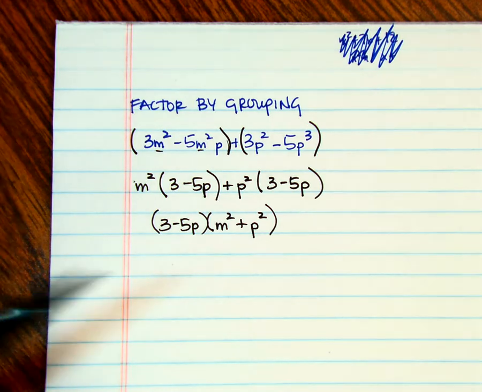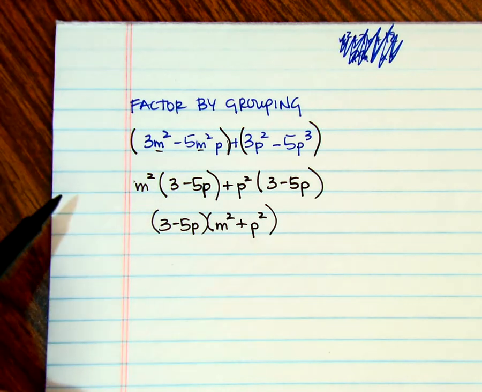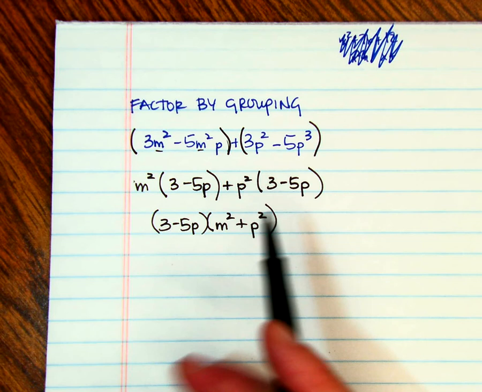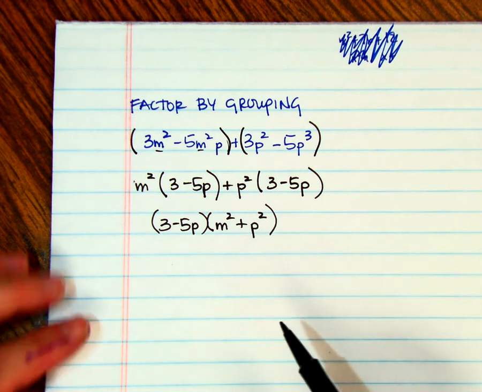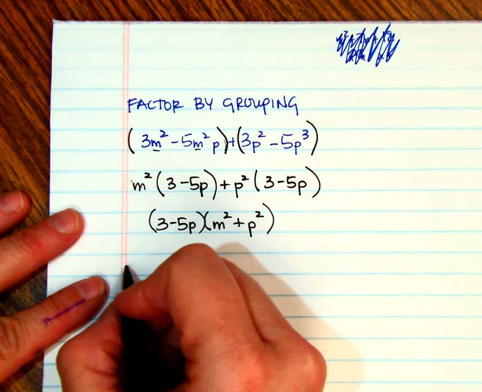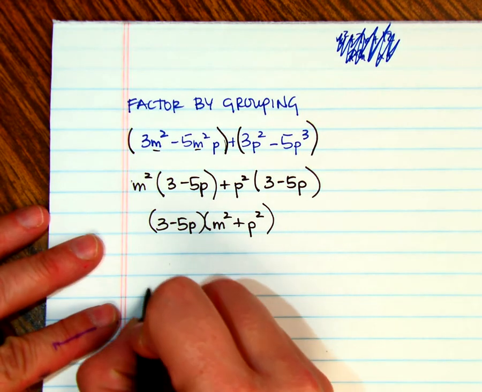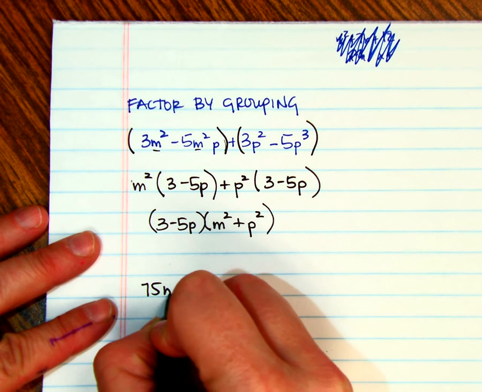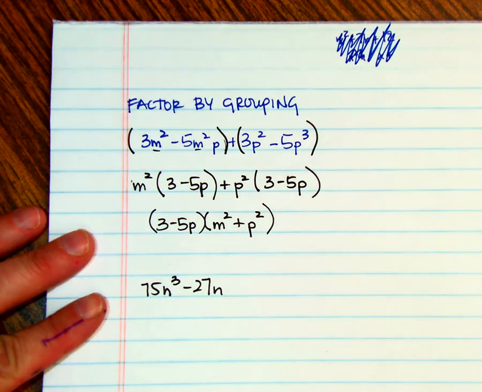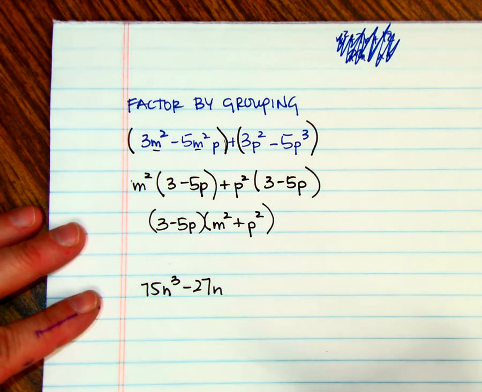I'm going to try to find one more that would be a good more than one method problem. Let's do 75n to the third minus 27n. 75 is not a perfect square.